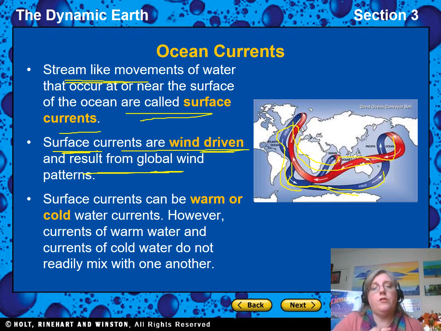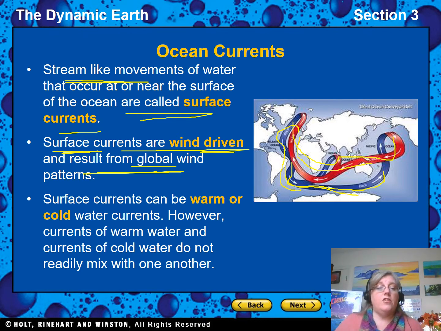When we're looking for a snow day, you watch the weatherman on TV, you look to Arkansas, don't you? The weather always moves from Arkansas towards us. Think about it the next time you watch the weather and you're looking for a snow day. The weather always blows from Arkansas towards us. That's because of the global winds.